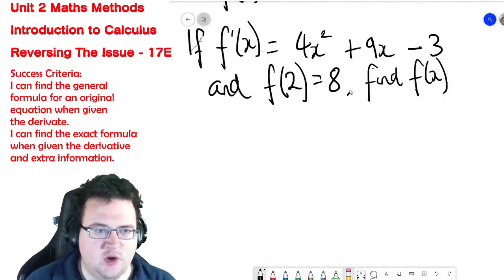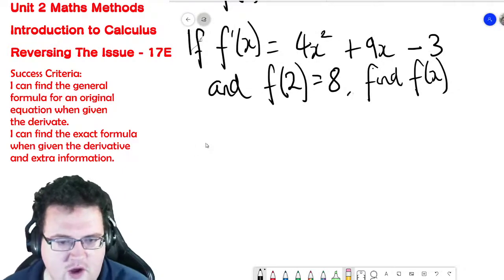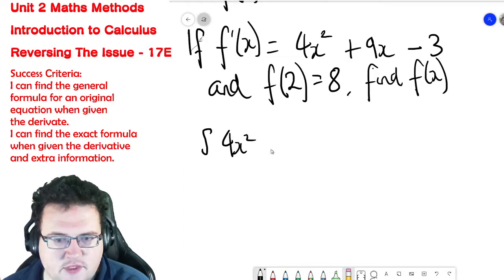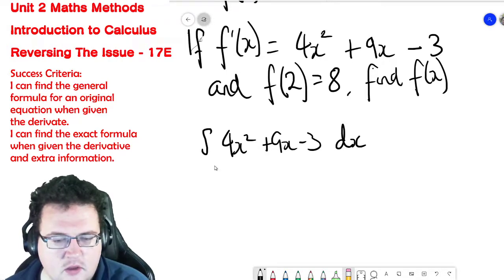So first things first, we need to do our anti-differential. The antiderivative of 4x squared plus 9x minus 3 with respect to x. Add 1 to the power, divide by the original power. So that's going to become 4x cubed divided by 3.